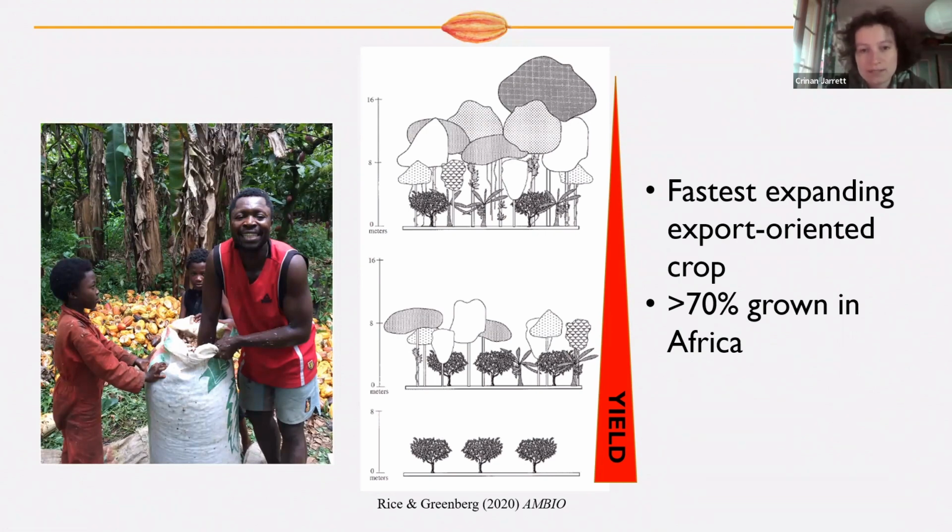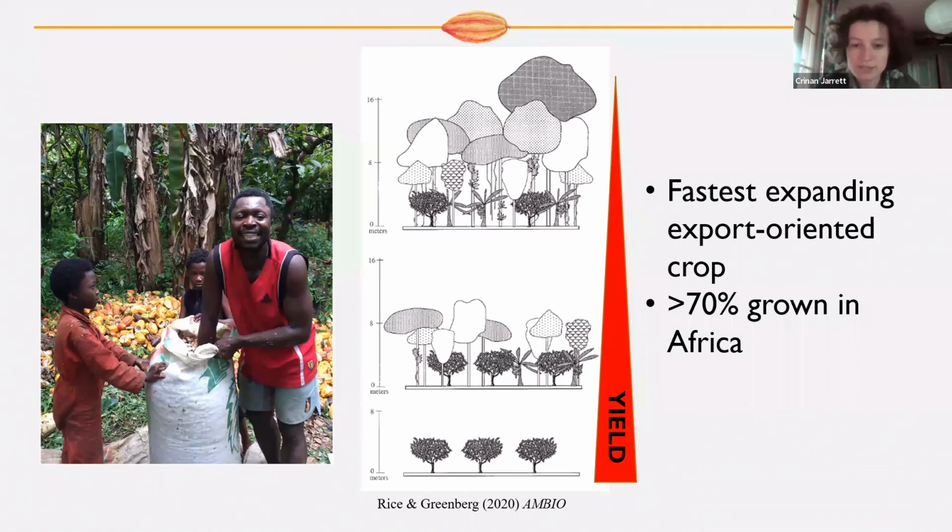So what happens here is that a farmer just goes into the forest and clears a little bit of the understory and then plants the cocoa trees there. So you maintain a thick canopy of shade trees above. Then we have a middle scenario where some of the larger shade trees are removed, but we still maintain some shade trees above the cocoa. And then we have the intensified scenario where we remove all trees completely and we just plant cocoa.